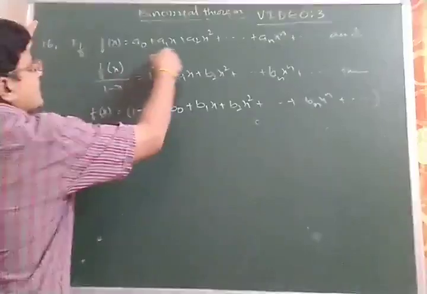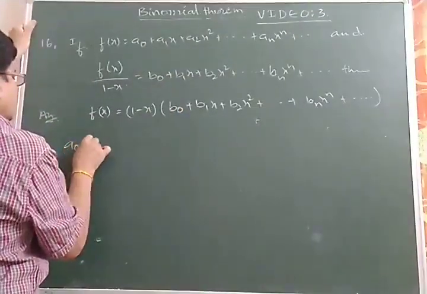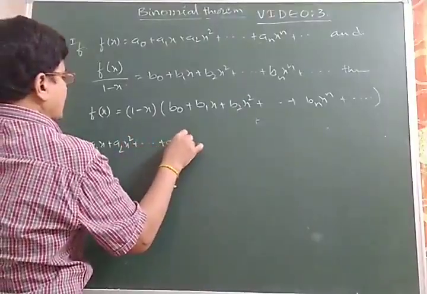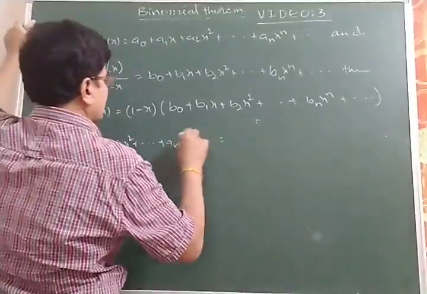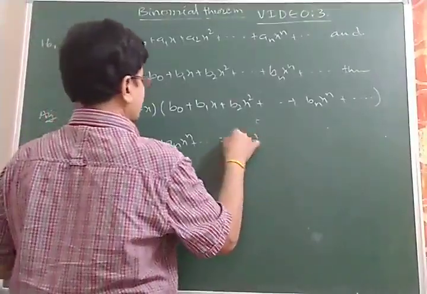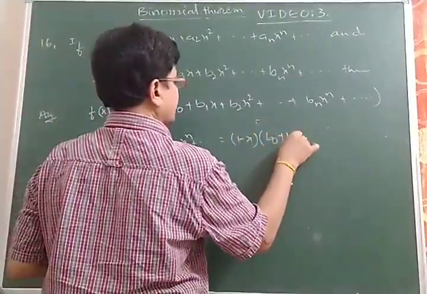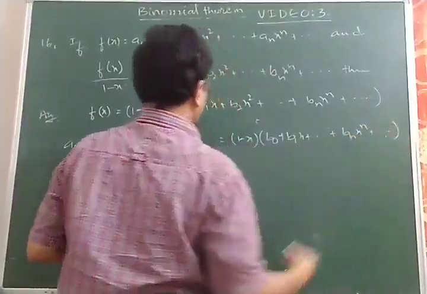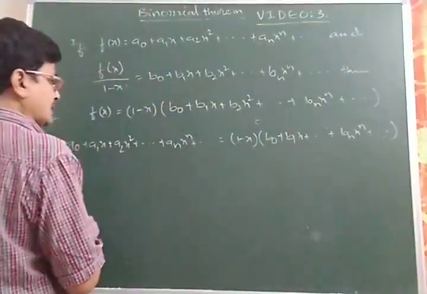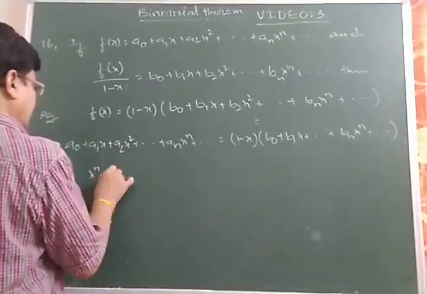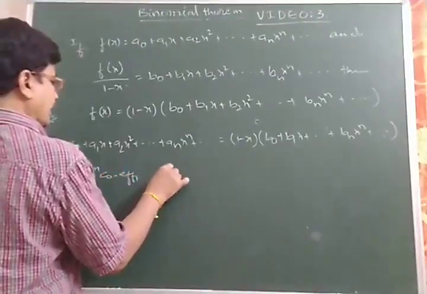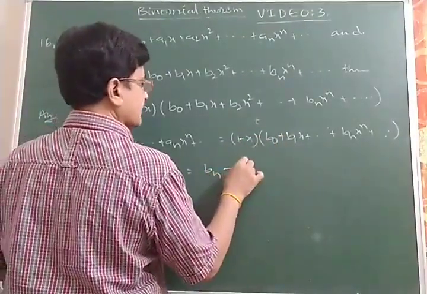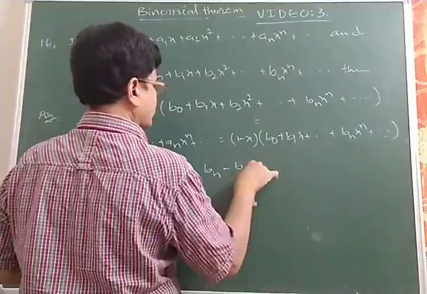Taking the coefficient of x^n, an is equal to 1 into bn minus 1 into b_{n−1}.